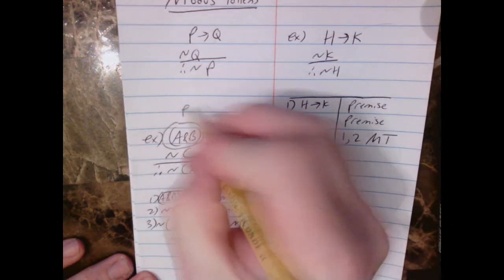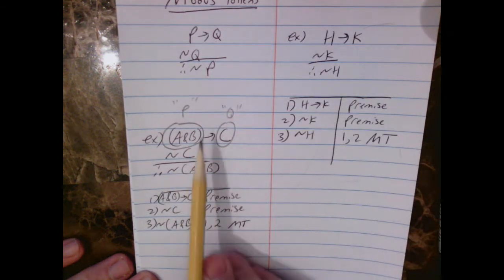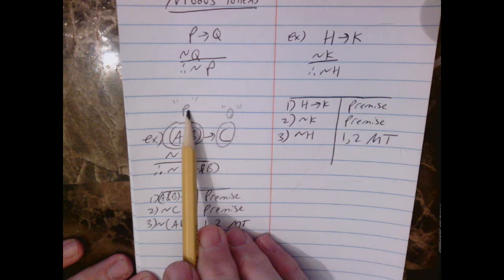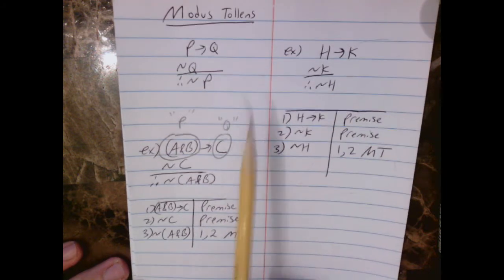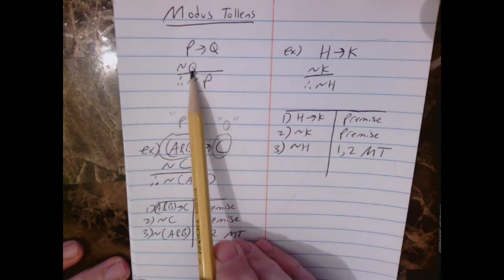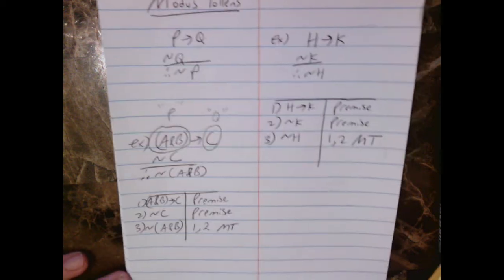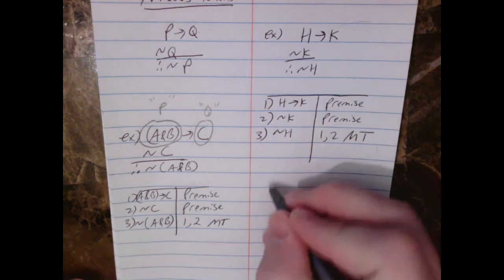This is sort of like your P, and this is sort of like your Q. So if P, then Q, not Q, therefore not P, but P was really A and B. So modus tollens, just like modus ponens, it's more the structure that matters than what specific letters you're using. So try to look at it in its structure as opposed to the specific letters or how many letters there are.